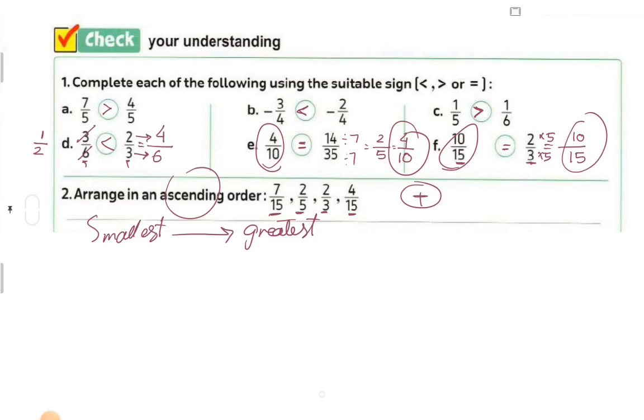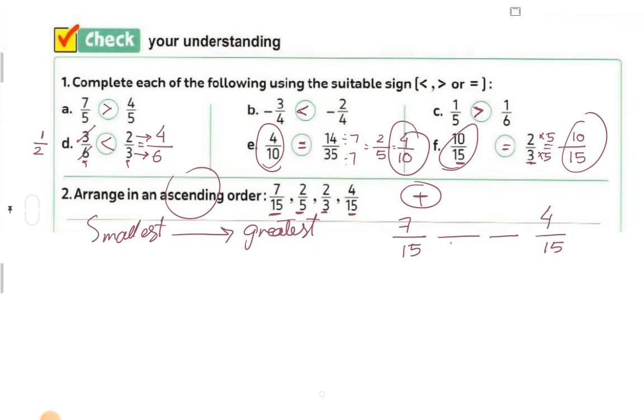I need them to have like denominators. We can find out that 15 is a multiple of all of them. So we need to convert them. 15 here is itself without any change. But I need to change 5 and 3.